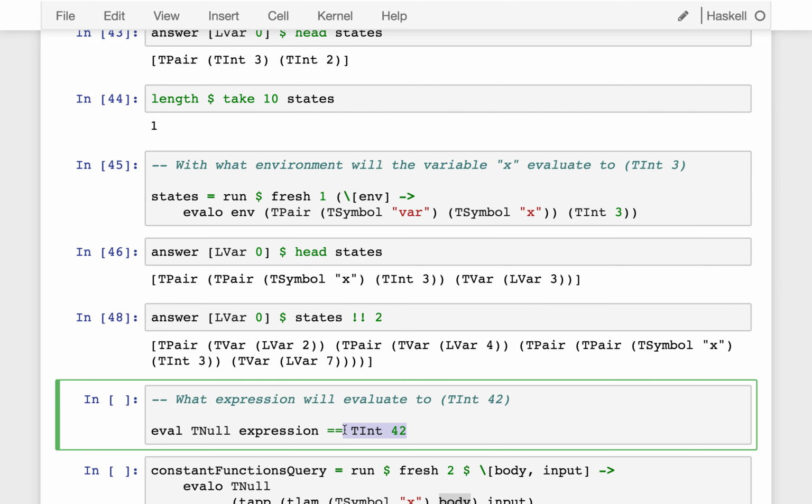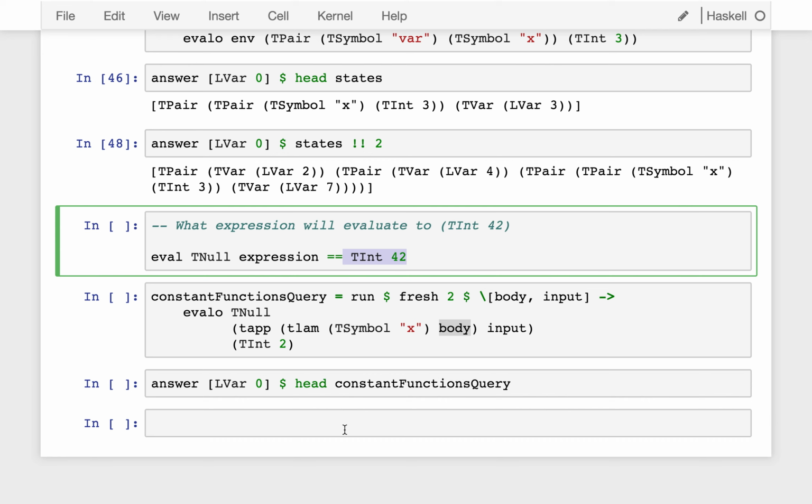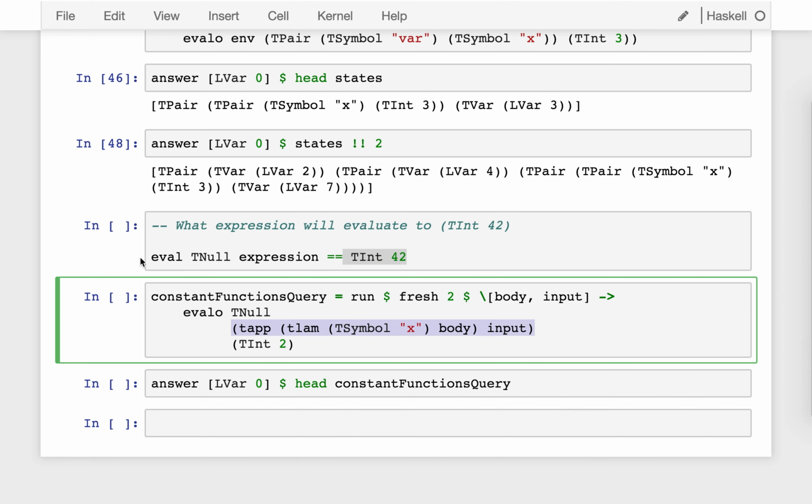And finally, in the program synthesis portion of the assignment, we give a little bit more structure to the expression in our query here. In this expression, we have a function application. We're applying this function to this argument, and the argument here is a logic variable, and the body of the function is also a logic variable.